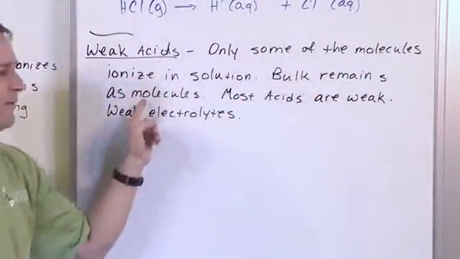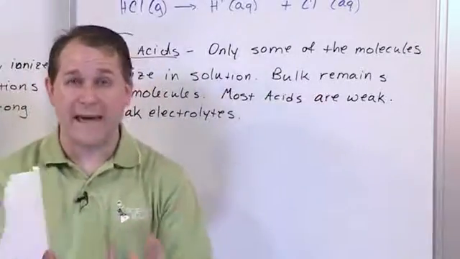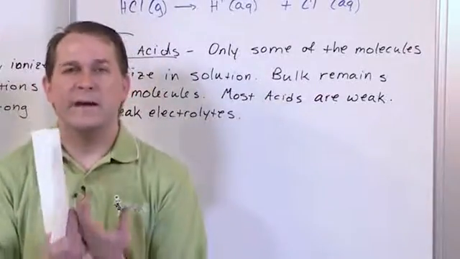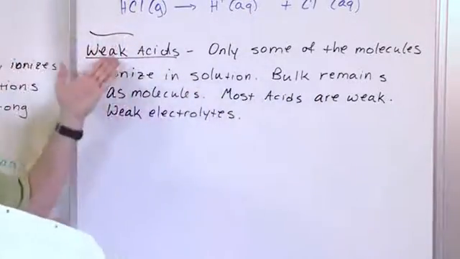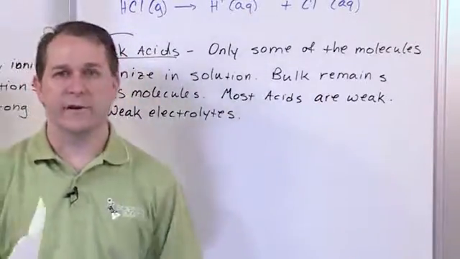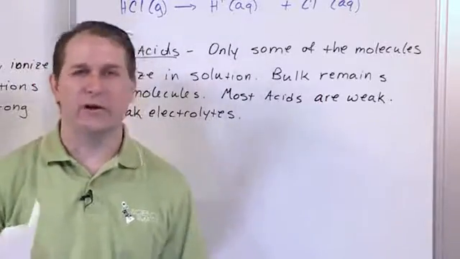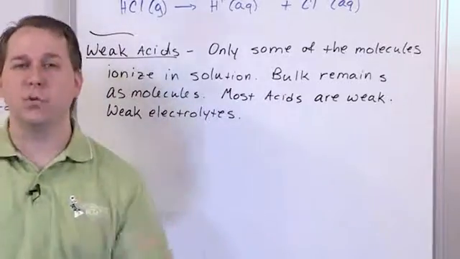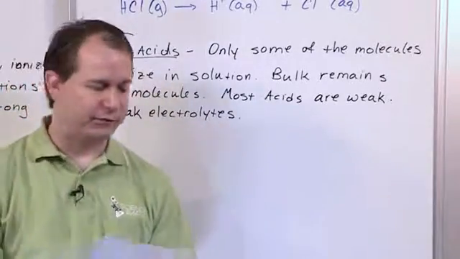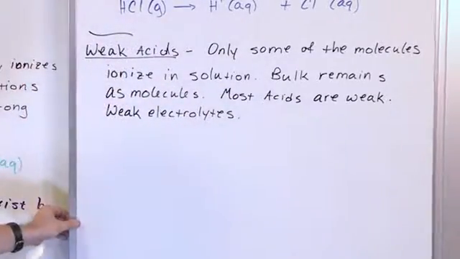Most of the molecules are going to just remain bound up as molecules. If they don't break down, they can't give hydrogen ions in solution, so they're going to have a weaker concentration of ions. So it's going to be a weaker acid. That's what we call weak acids. And because of that, they'll be weak electrolytes because there are fewer ions floating around in the solution. So that's the definition of weak acids.